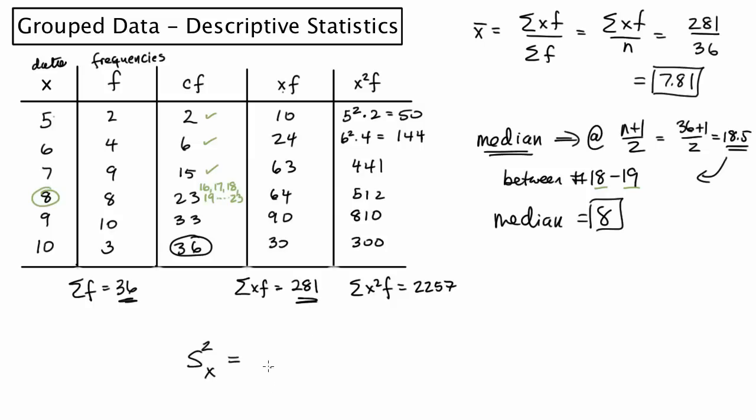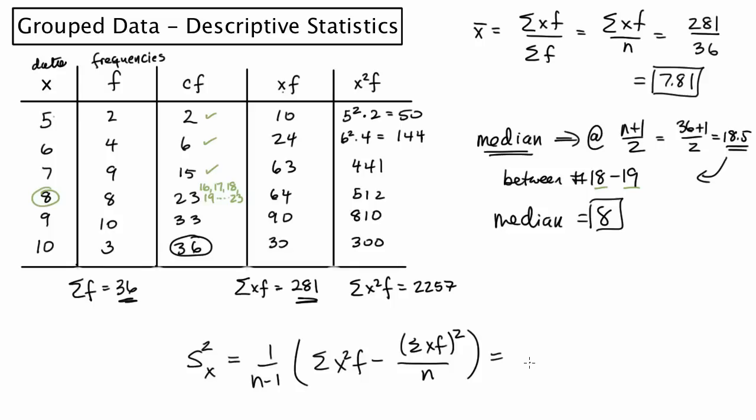The way that we've done it in class is 1 over n minus 1 times the sum of the x squared f's minus the sum of the xf's squared over n. Remember, this n minus 1 is kind of funny. You would expect to divide by n because we're sort of taking an average here, but that's not in fact what we do. Remember, this is n minus 1 here.